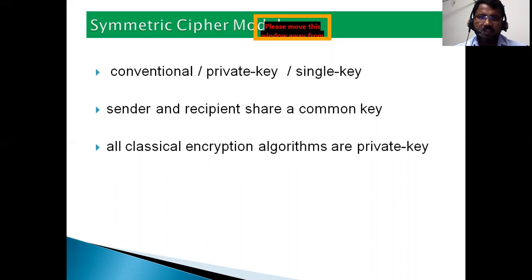In the symmetric key cipher or conventional cipher model, the sender and receiver both have to share a common key, which we call a secret key. This key is used for encryption and decryption, that is, encoding and decoding.